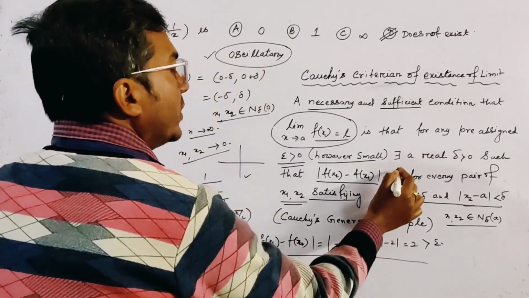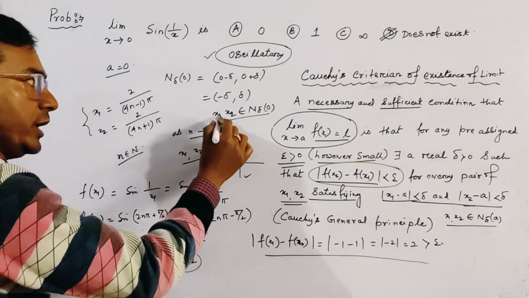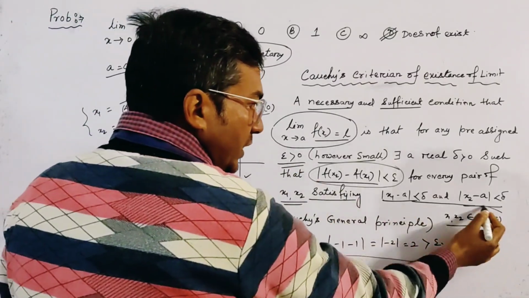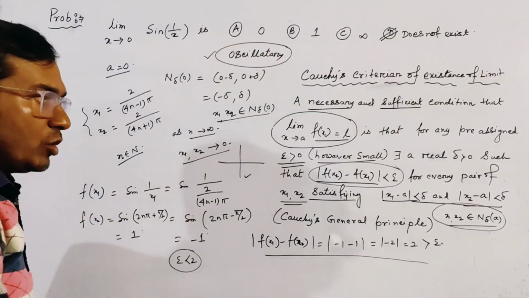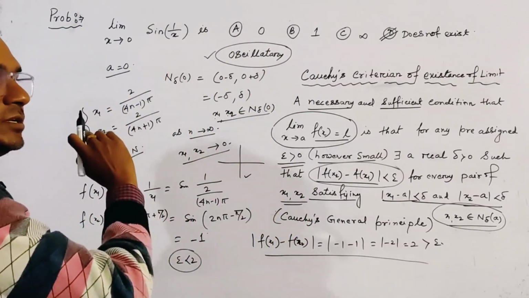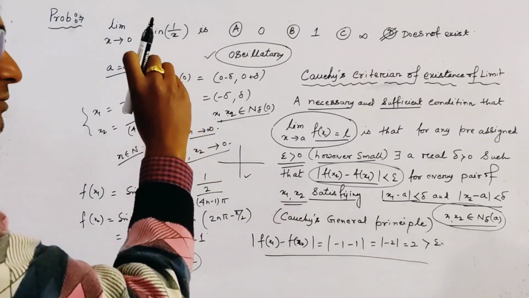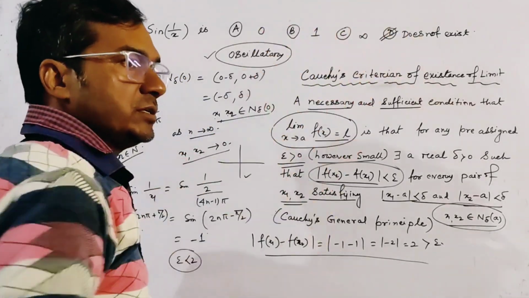So our condition is not satisfied by these two points, but these two points must belong to the delta neighborhood of 0. So the definition of Cauchy's criterion, or general principle, is not satisfied by the function. So our answer is that the limit does not exist.